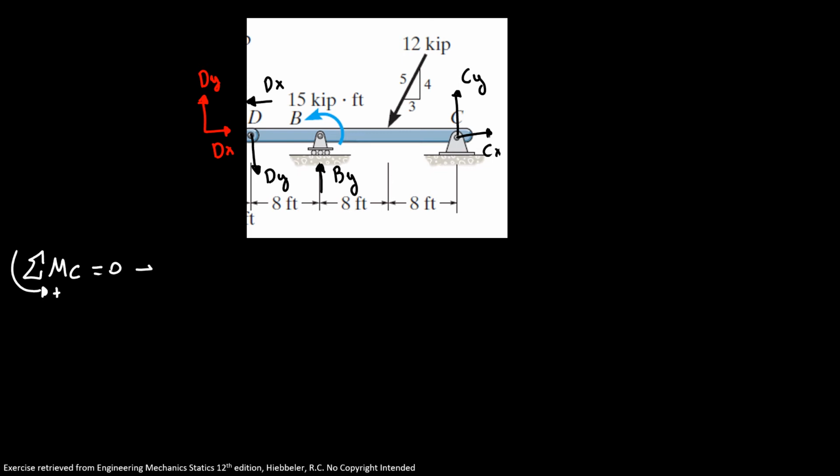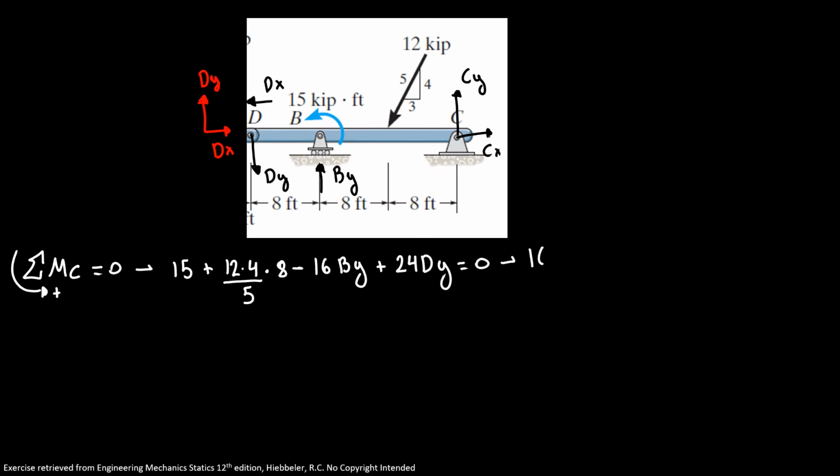Now we're gonna do the sum of moments about C is equal to 0. So we have 15, that's our moment, plus 12 times 4 divided by 5, that's our y component, times 8 minus 16 by plus 24 dy, it's equal to 0.